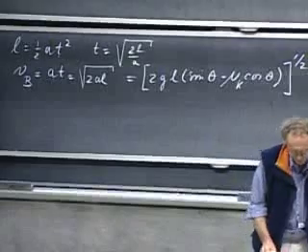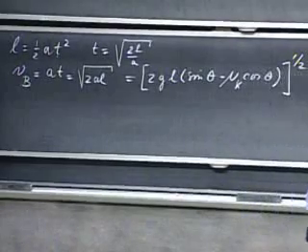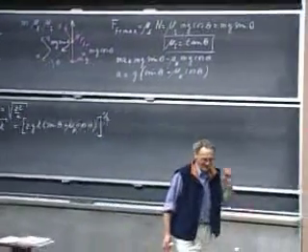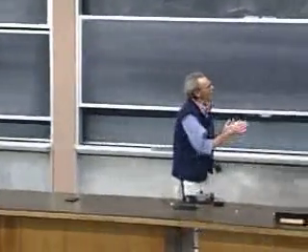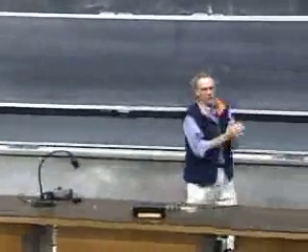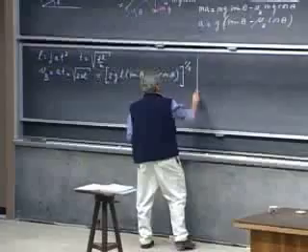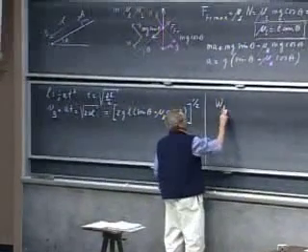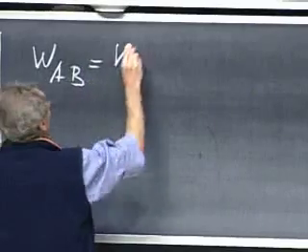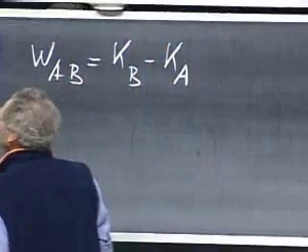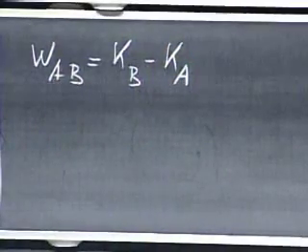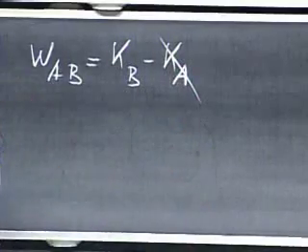I, however, would not do it that way. I don't find it very elegant. I would say, hey, why not apply the work energy theorem? Why not say that the work done when that object moves from A to B must be the kinetic energy at point B minus the kinetic energy at point A. Now I know that I release it at 0 speed, so this is 0.